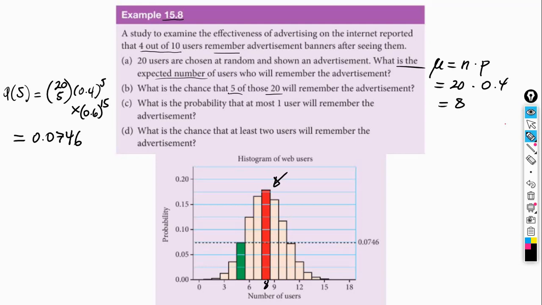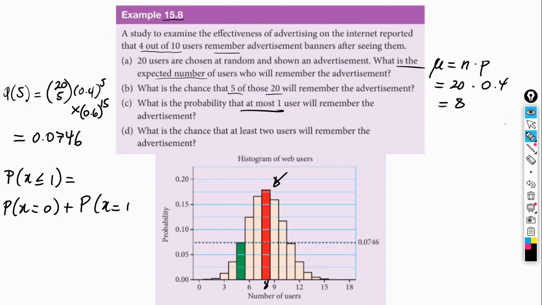And then we have part C. It says, what is the probability that at most one user will remember the advertisement? So at most one means the probability that X is less than or equal to 1, and this is going to be the probability for X equals 0 plus the probability for X equals 1.